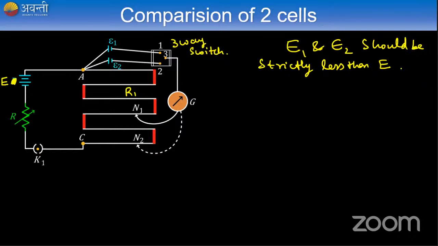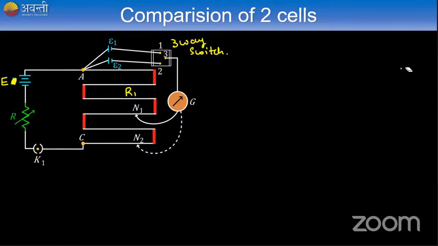Now, can someone explain why this condition is given on the values of epsilon 1 and epsilon 2? I know my handwriting is very poor. Can you make out my handwriting? Okay, I'll try to write clearly.